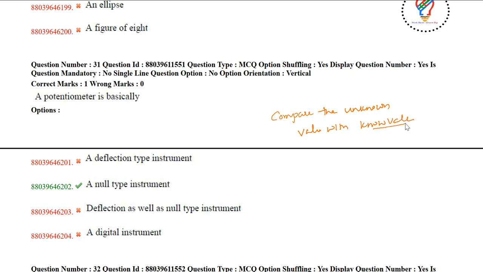That's why we use a standard battery cell of 1.086 volts, so that it compares the known value with the unknown value and the deflection of the instrument will be 0. The galvanometer is going to show 0. That's why it is called a null type instrument.